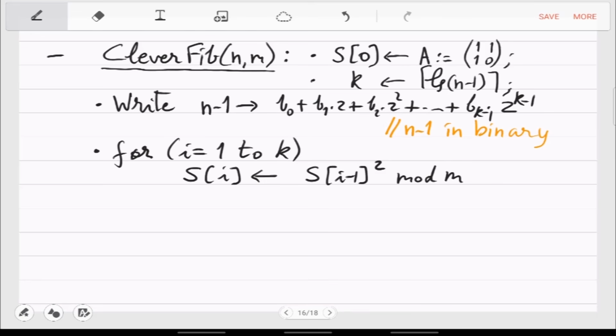Okay, so that is repeated squaring. Whatever was calculated before, that matrix you square mod m. And so this will create your array S0, S1, and so on.